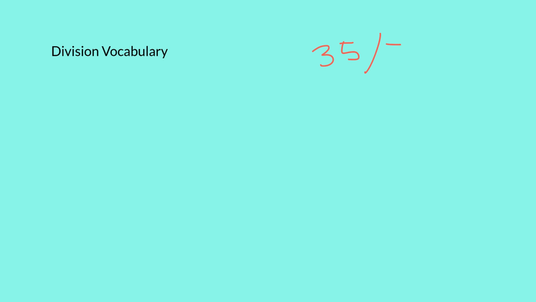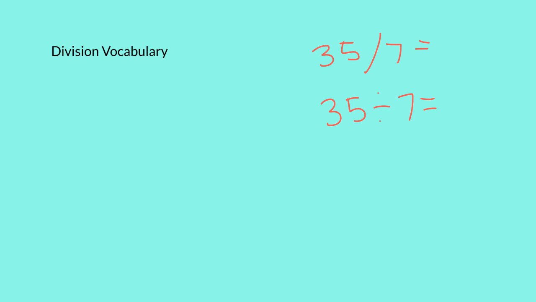35 divided by 7 equals. We talked a little bit about this yesterday, but that slash also means the same thing as this: 35 divided by 7, because that slash is actually a fraction bar. We're not working on fractions right now, but fractions are also a way to represent division. So if you see this slash here, it does mean divide.